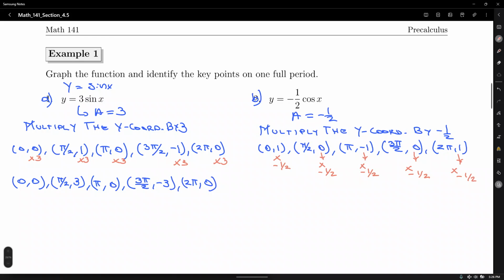All right, so let's perform these operations right here. Okay, so 0, 1, 0 remains the same, comma, 1 times -1/2, that's -1/2, comma, pi over 2, which remains the same, comma, 0 times -1/2, which remains 0.